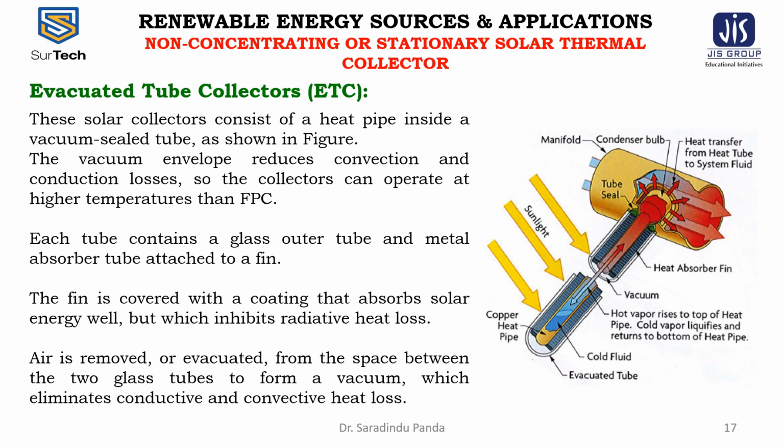The fin is covered with a coating that absorbs the solar energy well, but which inhibits the radiative heat loss. Air is removed or evacuated from the space between the two glass tubes to form a vacuum which eliminates the conductive and convective heat loss.